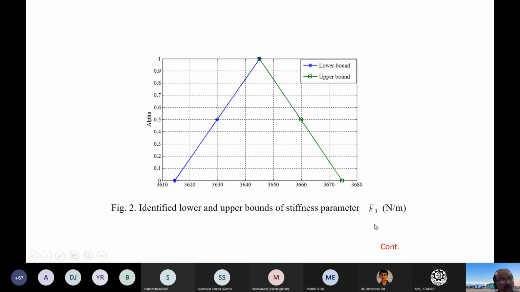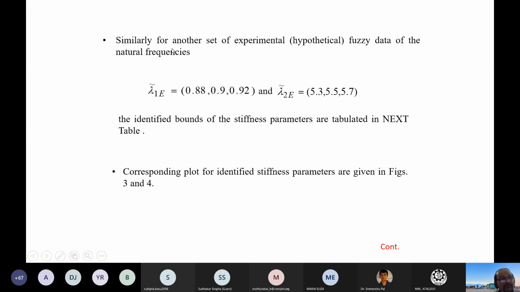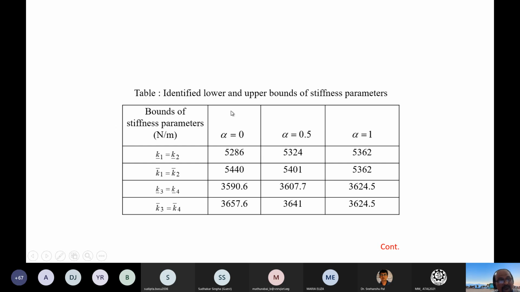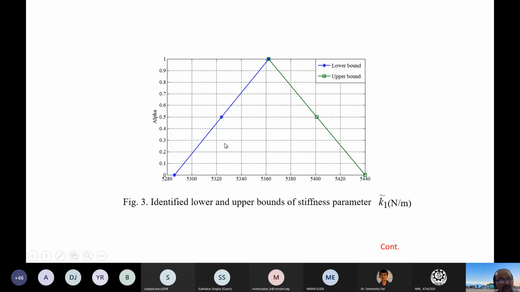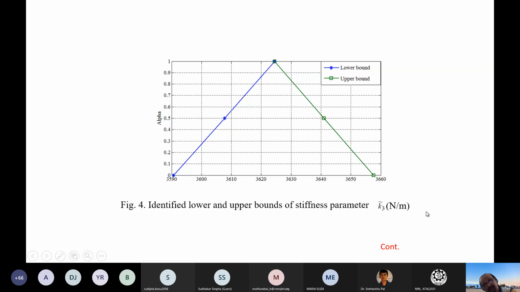This is K3. Now I take another set of experimental fuzzy set. I have changed lambda 1e and lambda 2e a little bit with delta tilde, and again simulated, and these are the values of stiffness parameters. And these are the plots for identified lower and upper bounds of stiffness parameters. These are for K3.